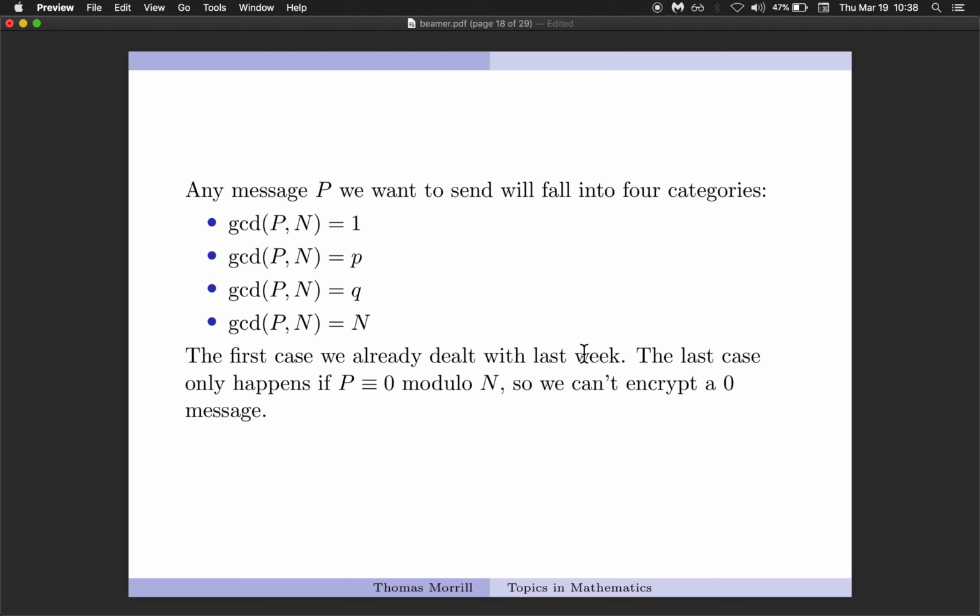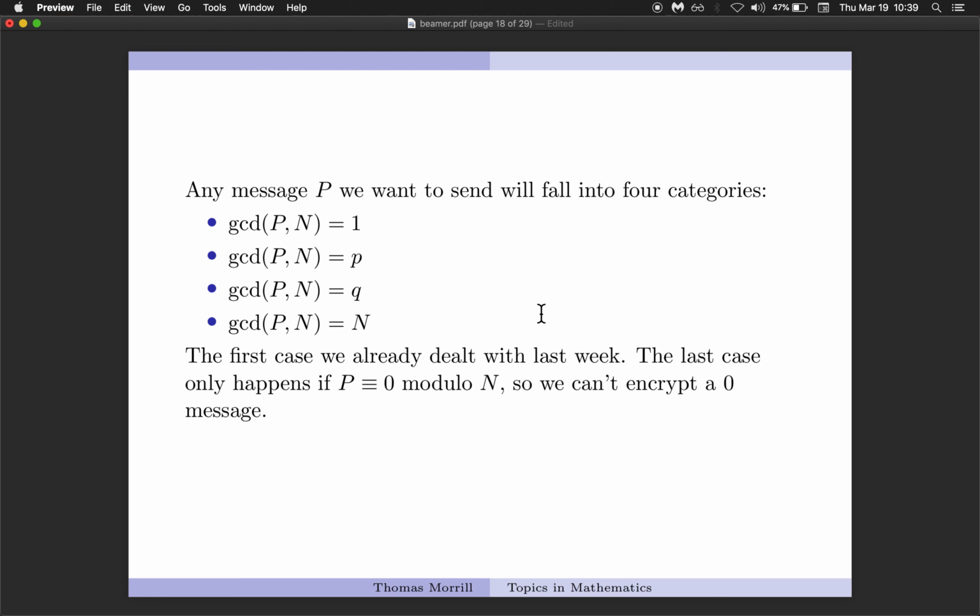So if we're in the first case, that means that the message P is relatively prime to n, and we already know that the phi of n exponent trick will work. That is a theorem that we already proved. If the GCD of P and n is n, that means that the message I want to send is 0 mod n.